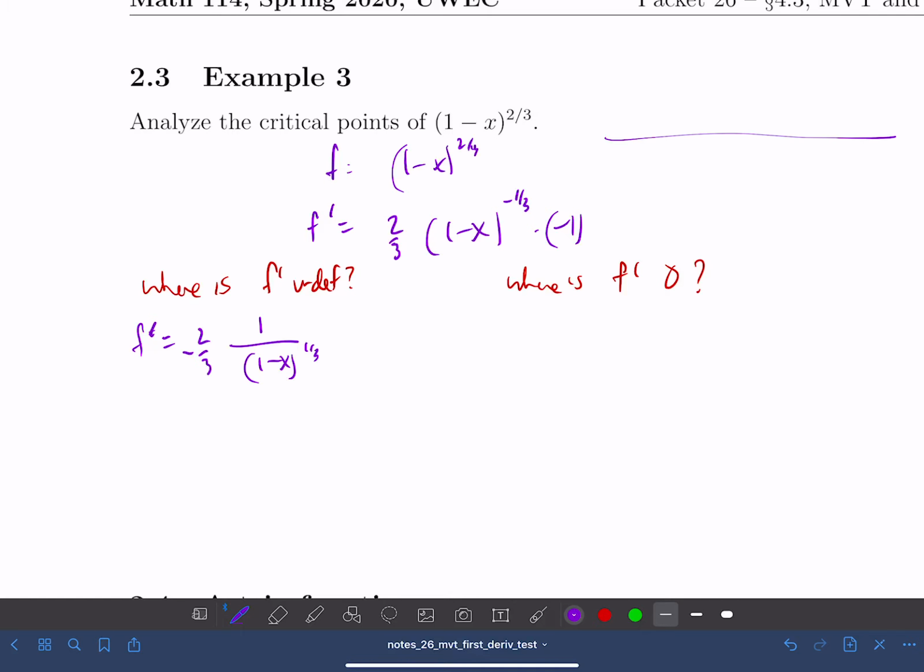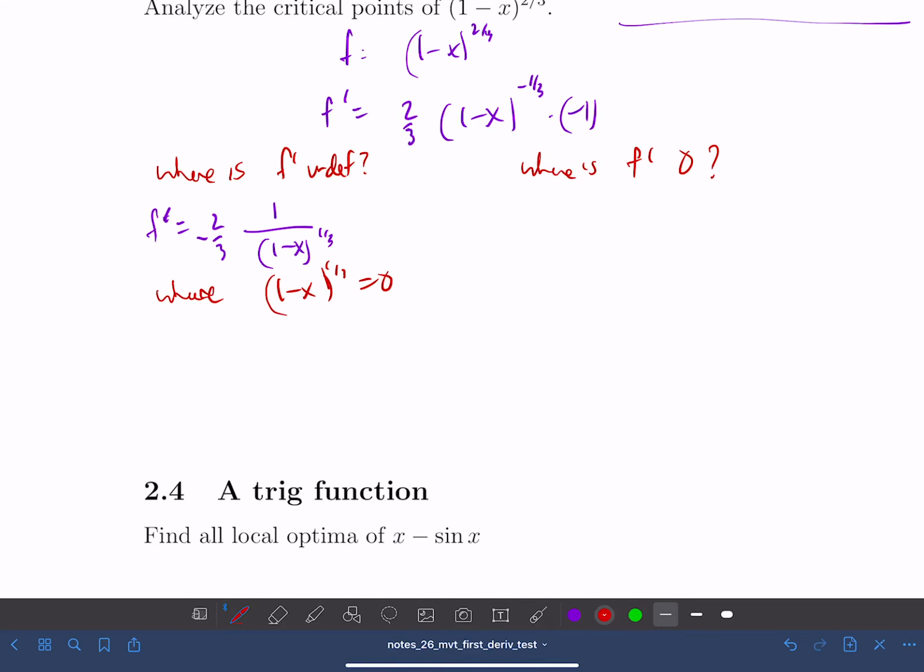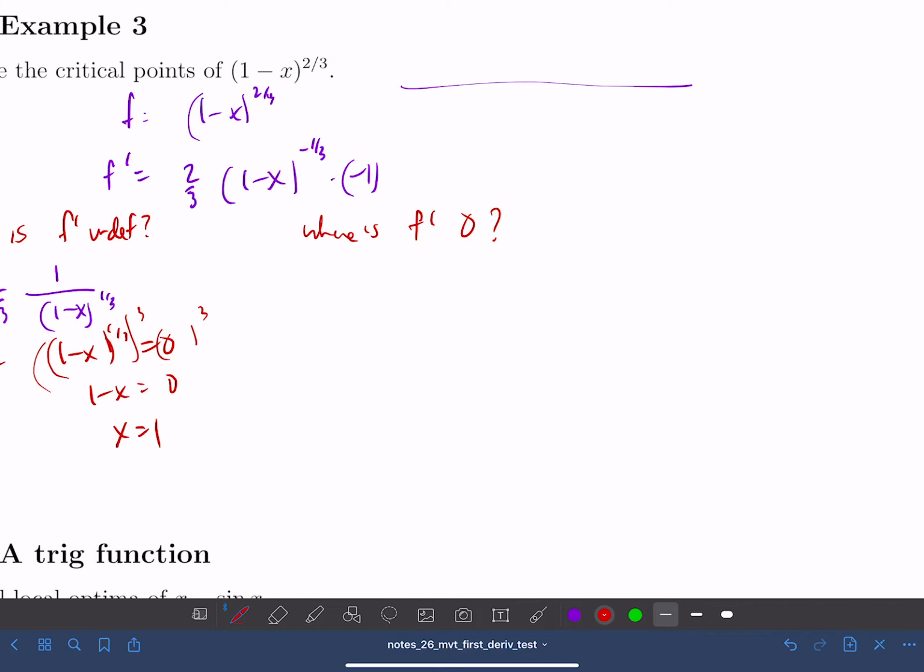All right, so where is f prime going to be undefined? Well, that's going to be where 1 minus x to the 1/3 equals 0. So by solving that, let's go ahead and cube both sides. Now I have 1 minus x equals 0, so x equals 1. So let's label that.